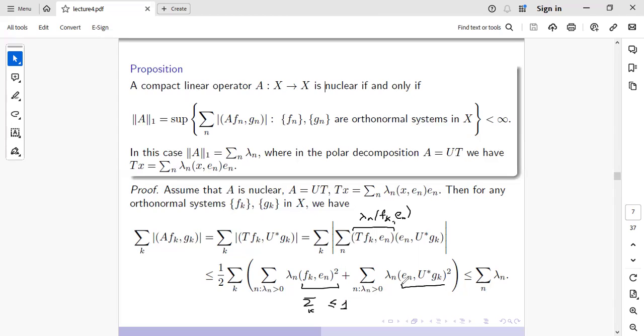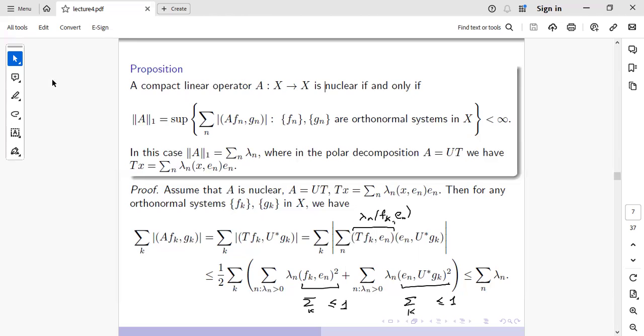And here put U on e_n. Again, since g is an orthonormal system, the sum will be less or equal than the norm of U e_n squared, which is also less or equal to 1. So we get an estimate that the sum of lambda_n bounds the supremum. Hence, the supremum is finite.